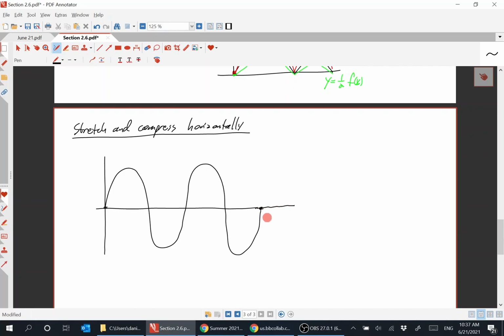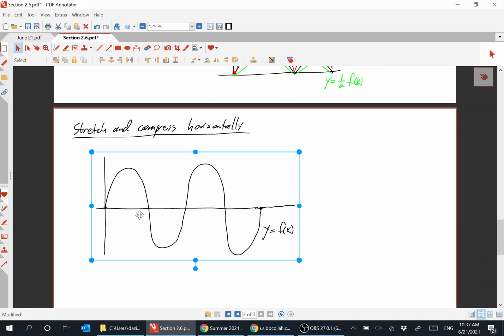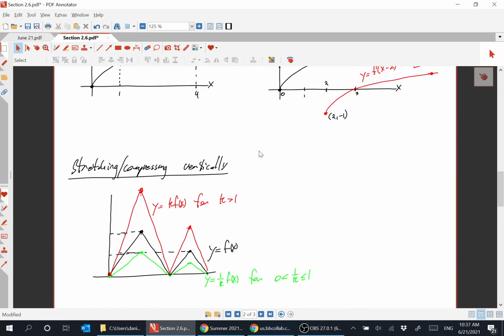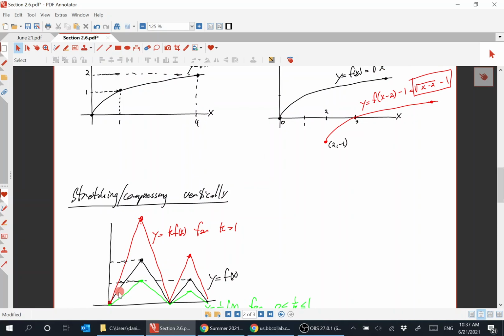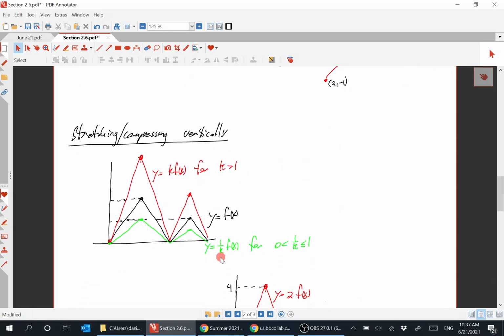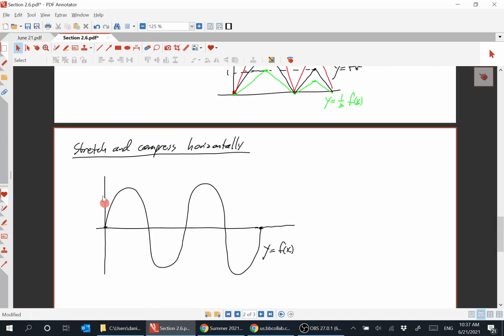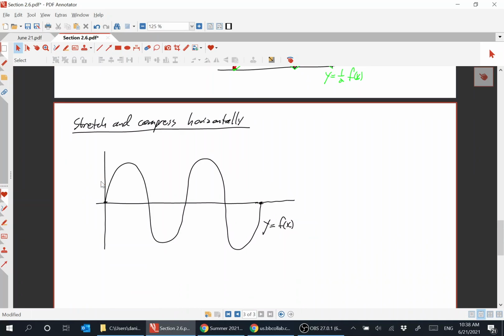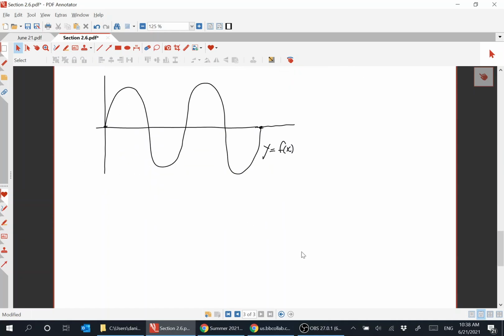So if you had a function that looks like this, y equals f of x, and you want to stretch or compress horizontally, it's similar to stretching and compressing vertically: you multiply by a positive constant, but this time not outside the function, inside the function. And it's, again, the opposite of what you would expect. If you want to stretch vertically, you multiply by a constant bigger than 1 on the outside. If you want to compress it or squash it, you multiply by a constant less than 1 on the outside. Here, it's the opposite. To stretch, you multiply by a constant less than 1, and to compress, by a constant bigger than 1.